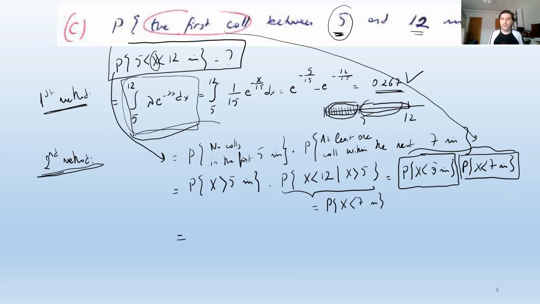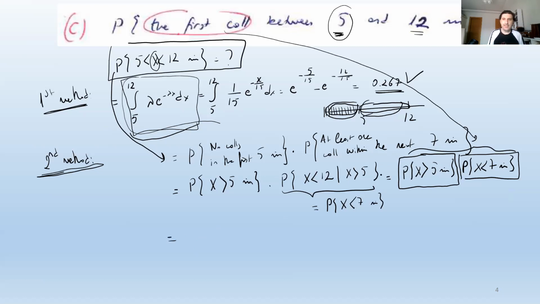The first one, the probability of x greater than 5 minutes. I'm sorry, I wrote this incorrectly earlier, this should be greater than 5. I'm very sorry for that. This was so because there is no event in the 5 minutes, and in the second 7 minutes there is one event.